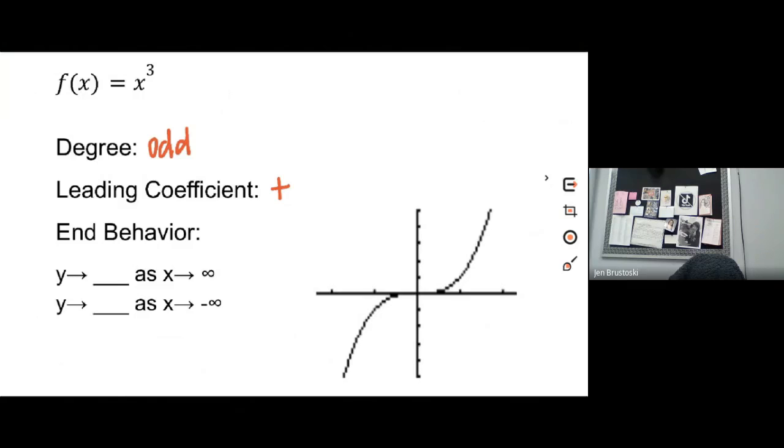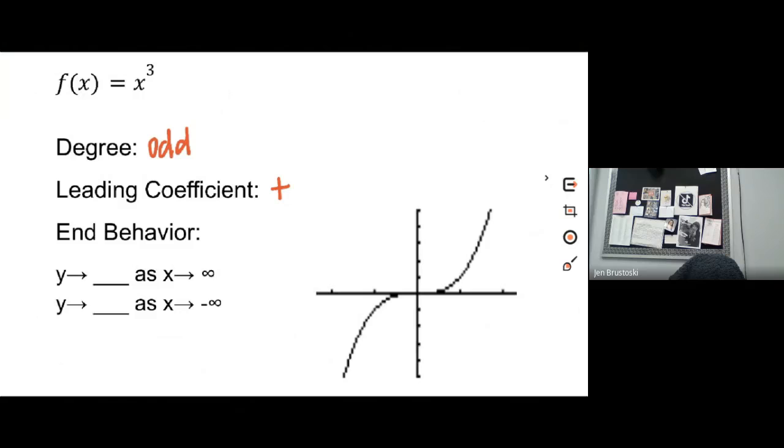Here's the end behavior. As x is going to infinity, we're going this way, where is our y going, up or down? Infinity. As we're going to positive infinity, y is also going to positive infinity.